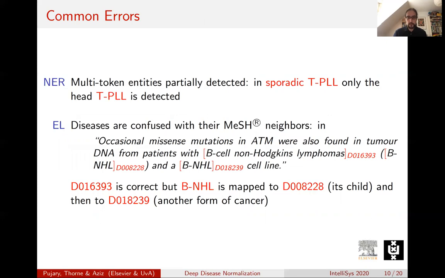For entity linking, what happened is that often the model confused close neighbors with the intended target concept UID of the NCBI mention. As you can see here in this example, B-cell non-Hodgkin's lymphomas is normalized first correctly, but then it's linked to its child and then to another form of cancer when dealing with different variants of this entity, different synonyms.